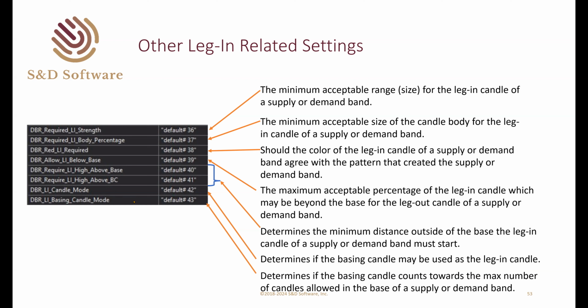So for instance, if we go in and we change DBR red, leg in required, we may pick up a specific case we were looking at, and that case may work. However, how many other cases will now be accepted by the rule change, and how many of those will succeed and how many of those will fail?